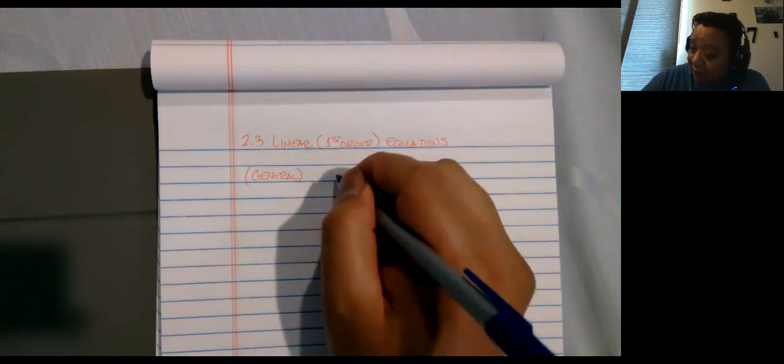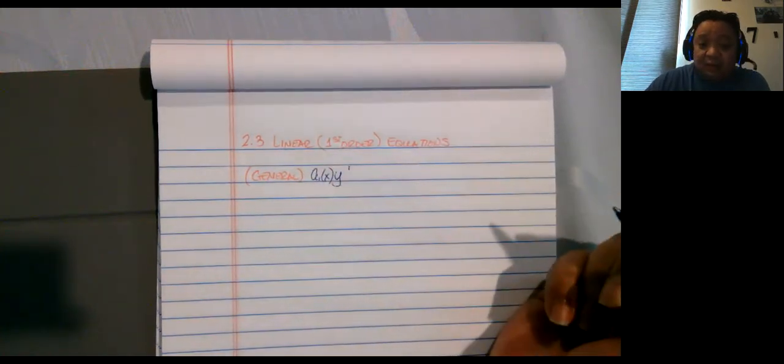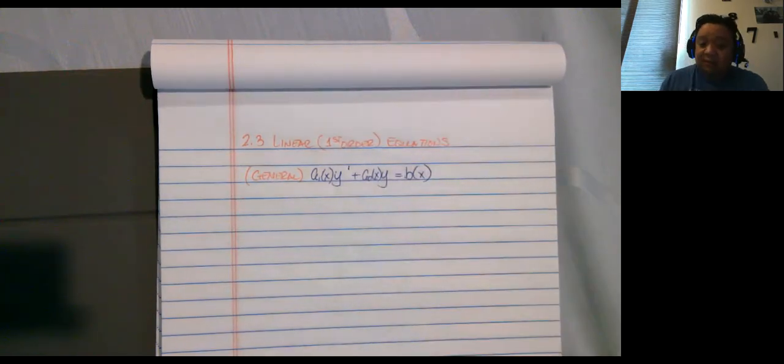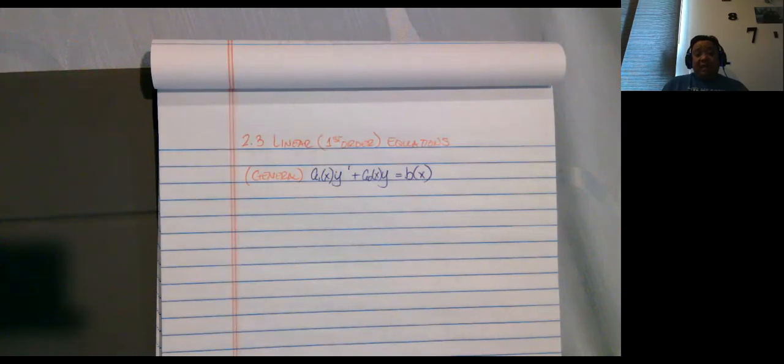You have your y prime, and it could be multiplied by a function of x. So let's call that one a1 of x, plus your y. And your y can also have a coefficient, so a naught of x, is equal to b of x. So that is the general form of a linear first order differential equation.